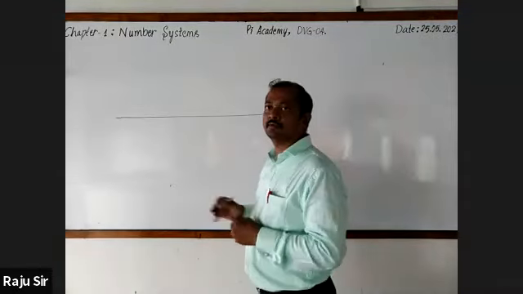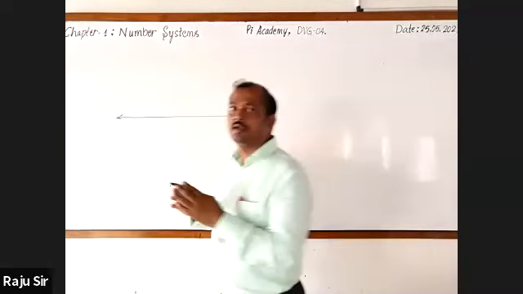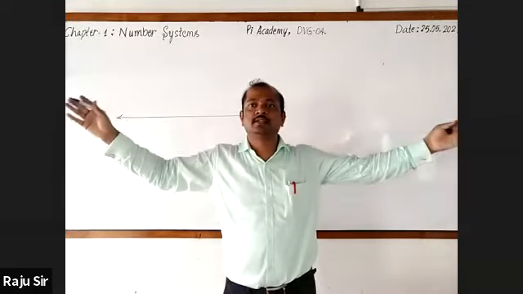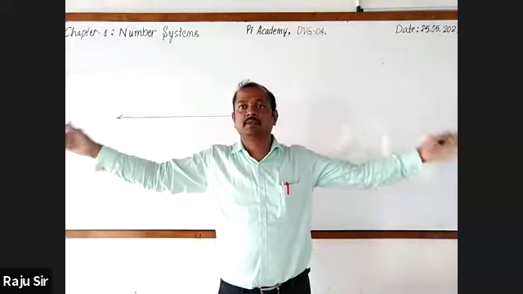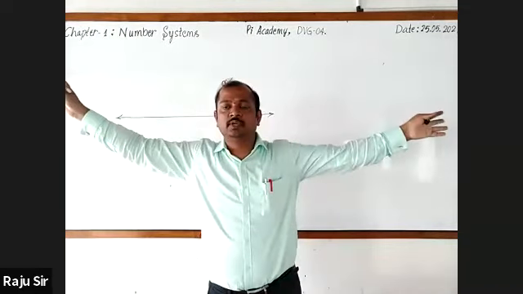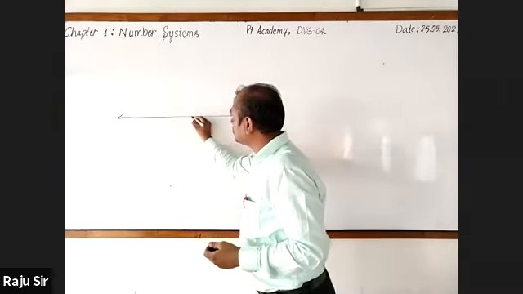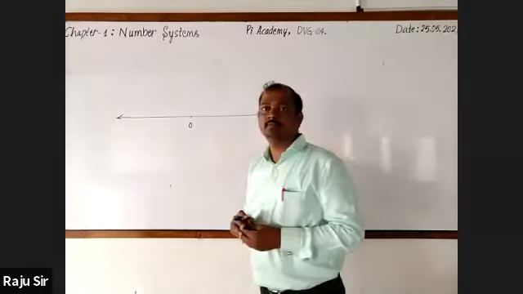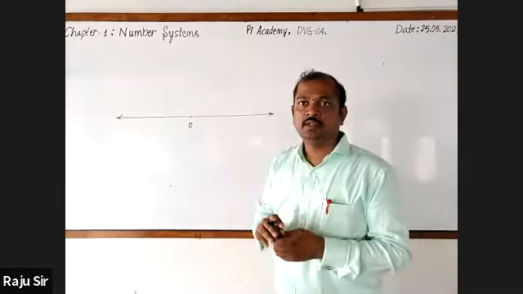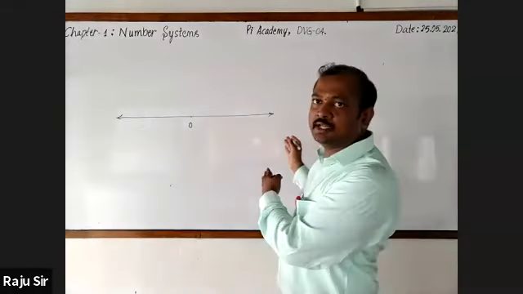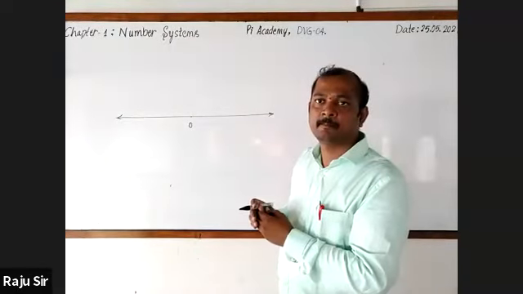Look here, I draw a straight line where arrow marks are shown on either side, which gives us the information that the line can be extended to any length. Then I'll write 0. The right side of 0 is taken as positive numbers.